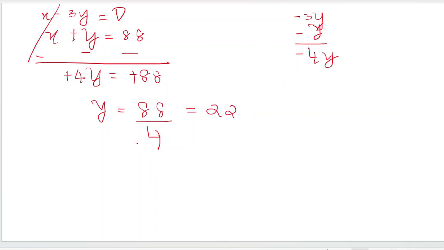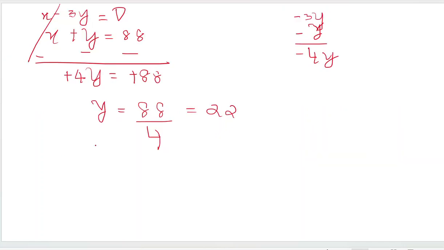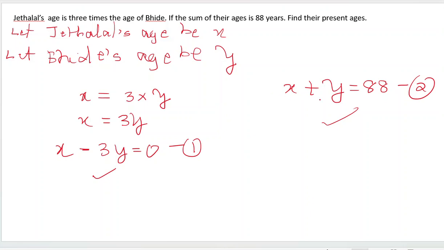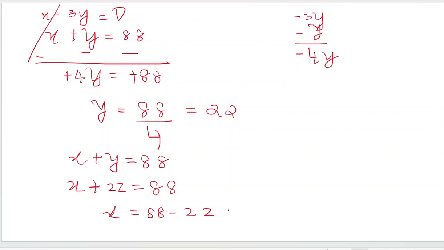Now to get X, we can use either one of these two equations. We use the second one, X plus y is equal to 88, since it's easy to look at. We put y as 22, and we get X is equal to 88 minus 22, which is 66.